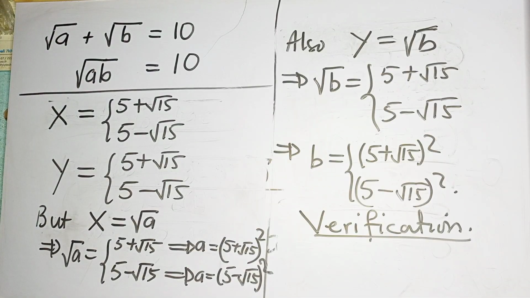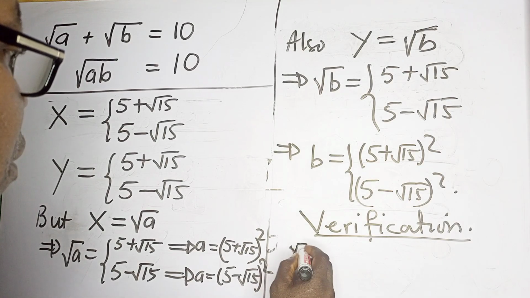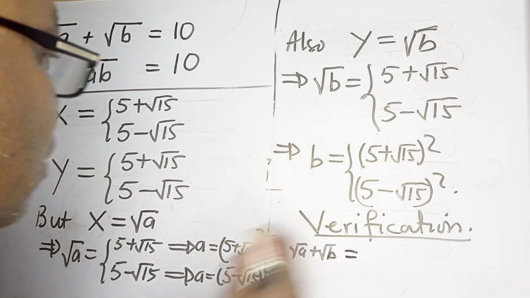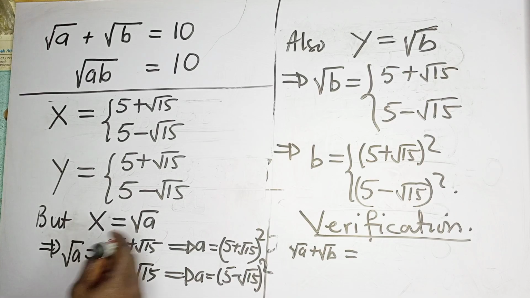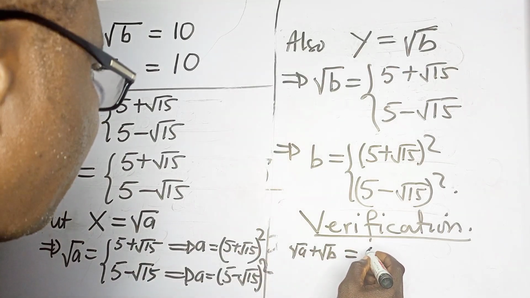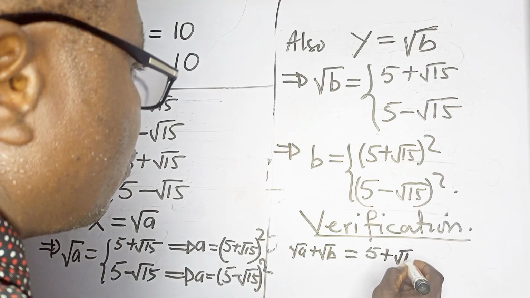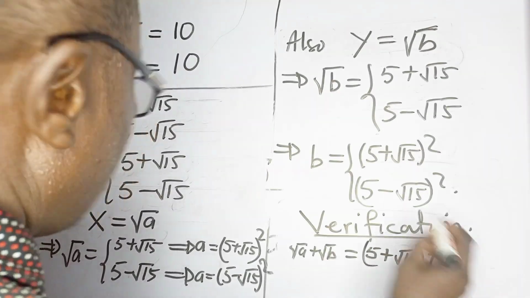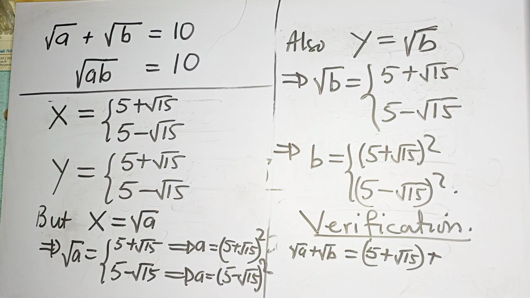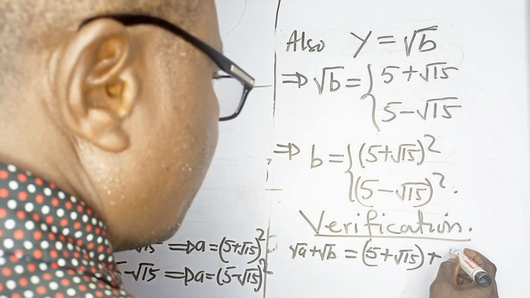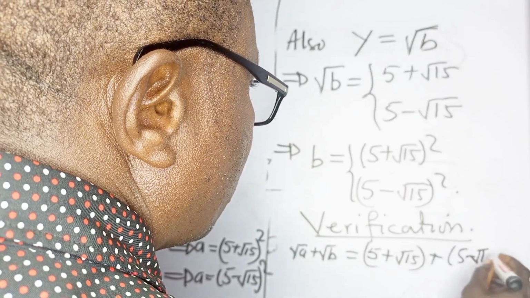Let's verify. Look at our equations up there: root A plus root B equals 10. These are the possible values of root A, and these are the possible values of root B. So if we take root A plus root B, we're going to have 5 plus root 15, then plus our root B, which will be 5 minus root 15.